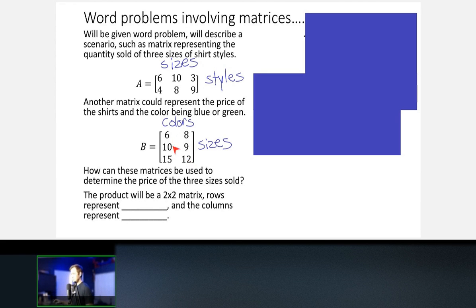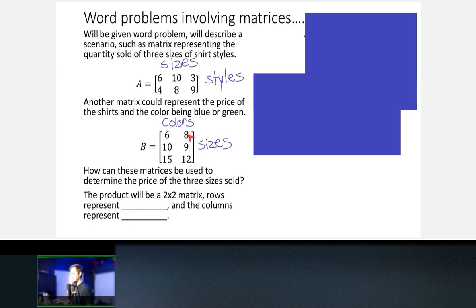By looking at these, it kind of makes sense, right? As you get a bigger shirt size, it's going to cost more money. And it also looks like the green color costs more here, and less here, and less here.